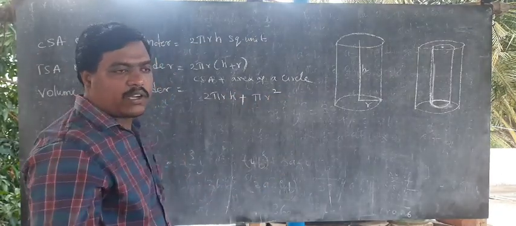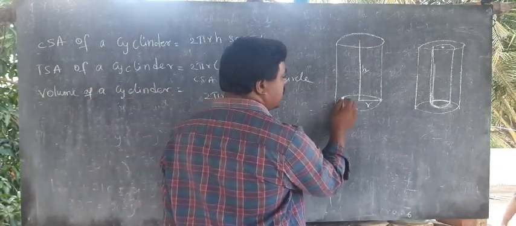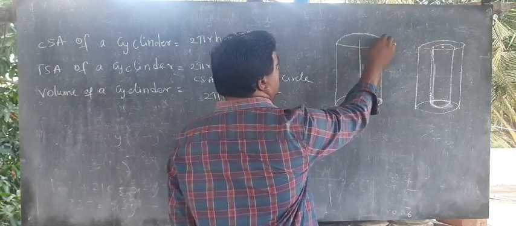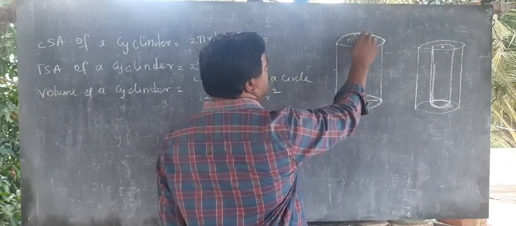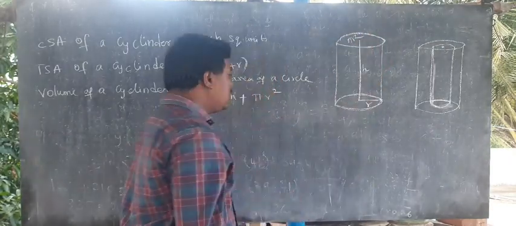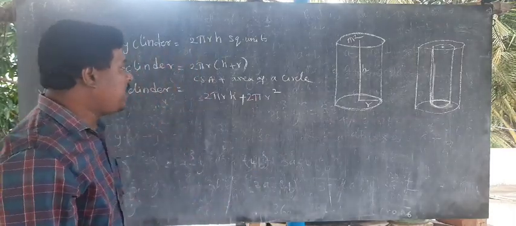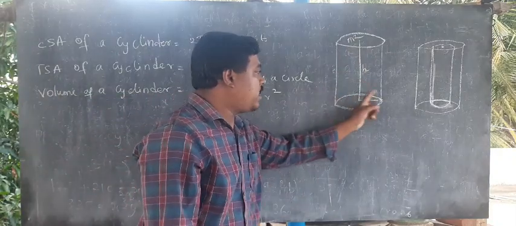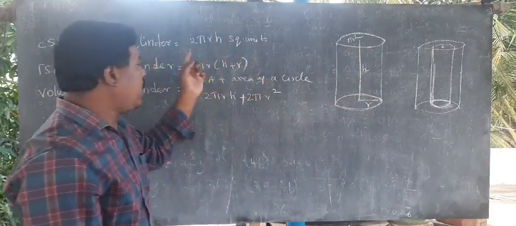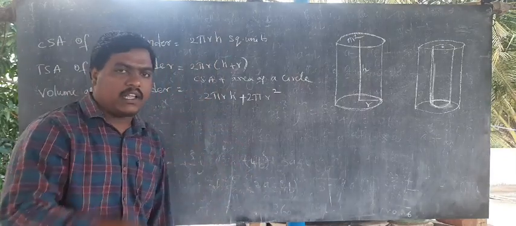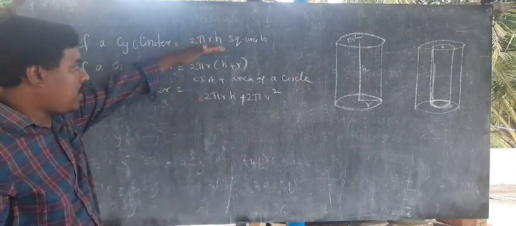So total surface area means this is one area of a circle, and here is one area of a circle, so we have 2 times pi r square, that is 2 pi r square. CSA means the curved surface area, so 2 pi r h is the formula, with radius and h.